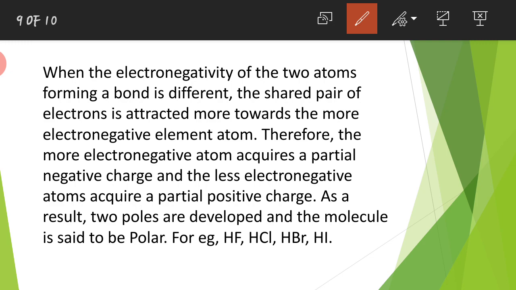Therefore, the more electronegative atom acquires a partial negative charge and the less electronegative atom acquires a partial positive charge. As a result, two poles are developed and the molecule is said to be polar. For example, HF, HCl, HBr and HI.